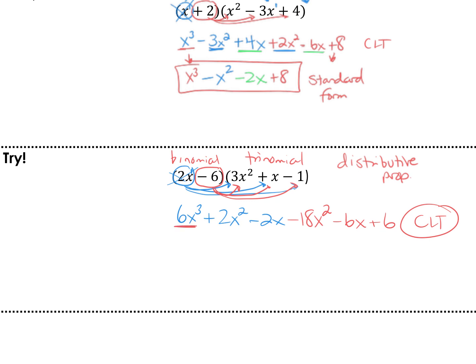So 6x cubed, there's nothing for that to join with, just bring it down. 2x squared and negative 18x squared gives us negative 16x squared. Negative 2x and negative 6x is negative 8x. And then finally, I'm just going to bring down that plus 6.